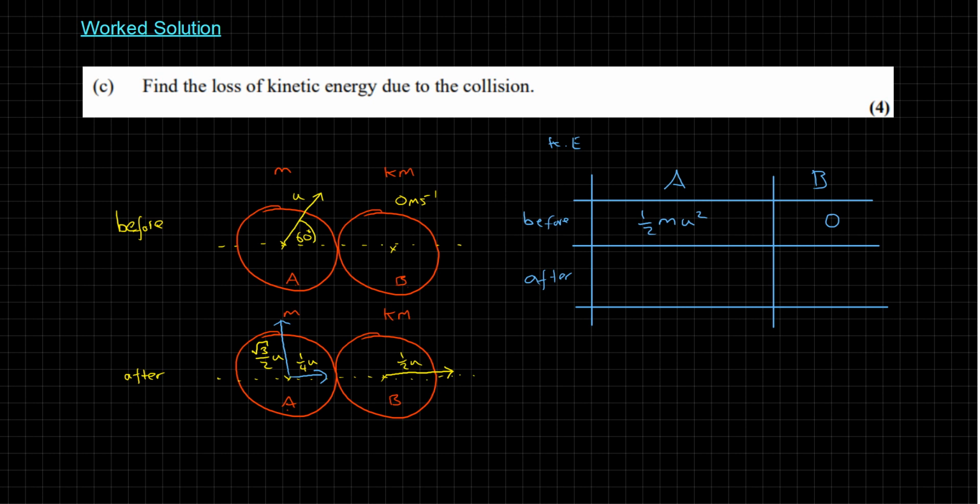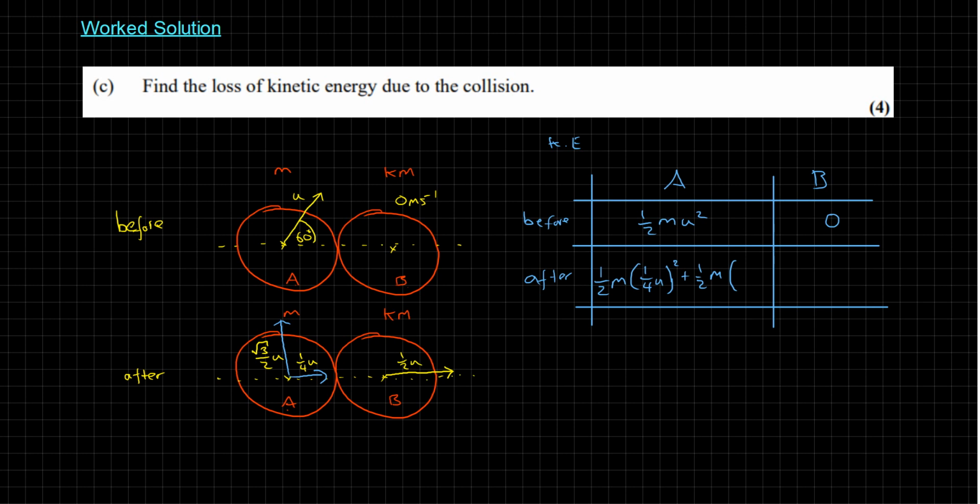Then the after for A, what we can do, which hopefully seems obvious but perhaps you haven't made that much use of, is the fact that we don't need to combine these two components and then get effectively the hypotenuse and then turn that into kinetic energy. We can just find the kinetic energy of the components separately. That's completely legit to do. So let's just do that. A half times m of the first component, the horizontal, squared, plus a half times m of the other component, root 3 over 2 u squared.